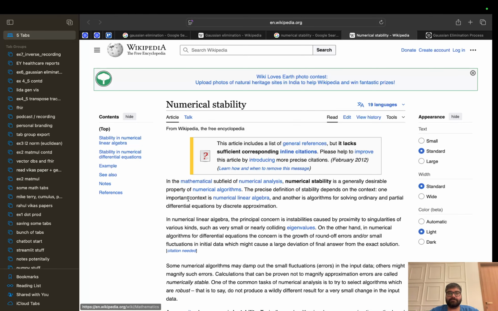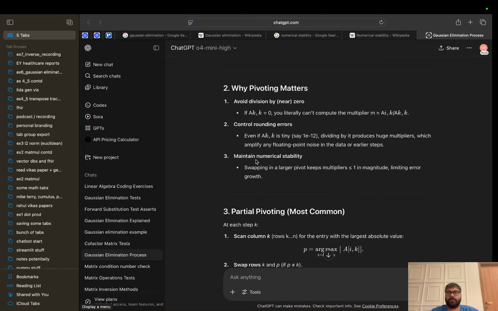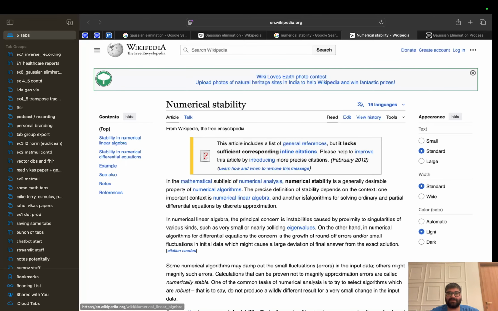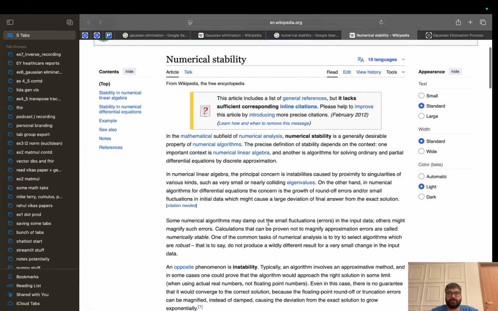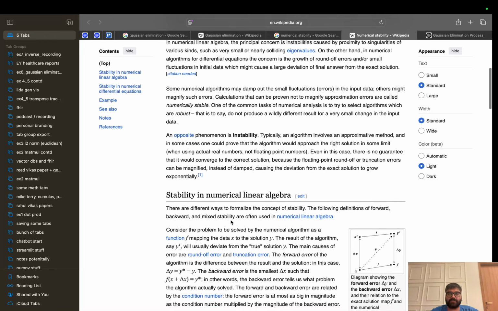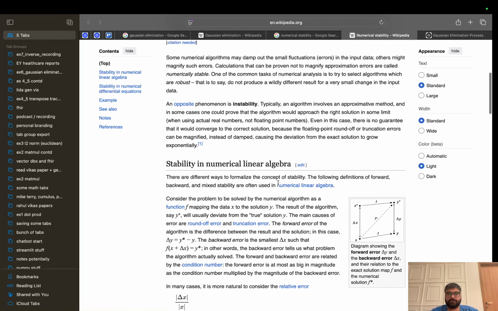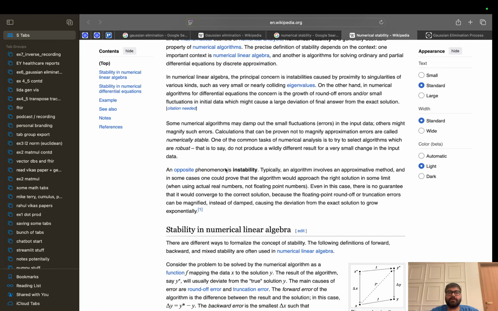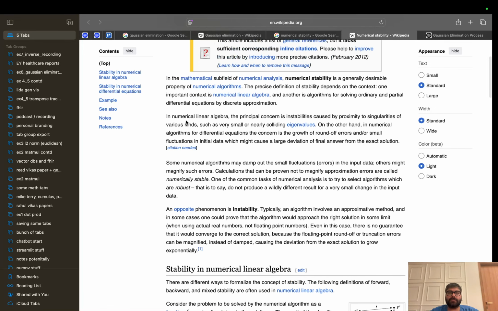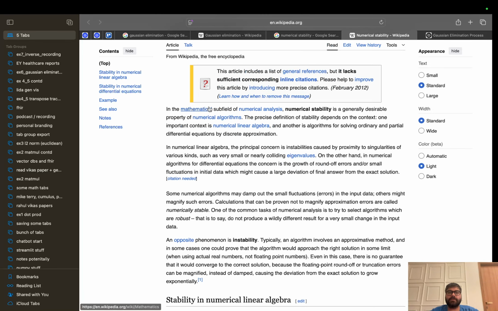Oh, I already had it pulled up. I'm a dummy. Let me see if I can find the specific line. Some numerical linear algebra principle. The precise definition of stability depends on the context.